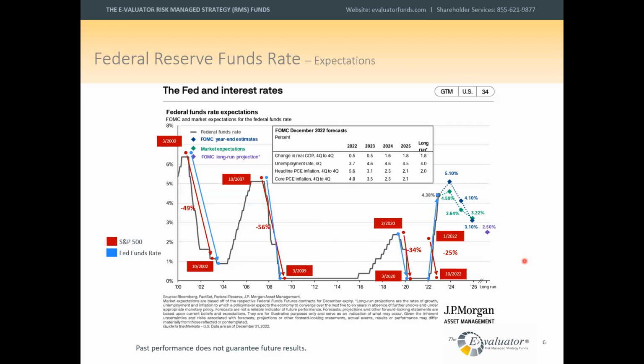When the stock market is going down, stocks are posting negative returns. When interest rates are going up, bonds typically will post a negative return. So this is the development that we were in when we came to 2022: bonds were posting negative results and stocks were posting negative results.